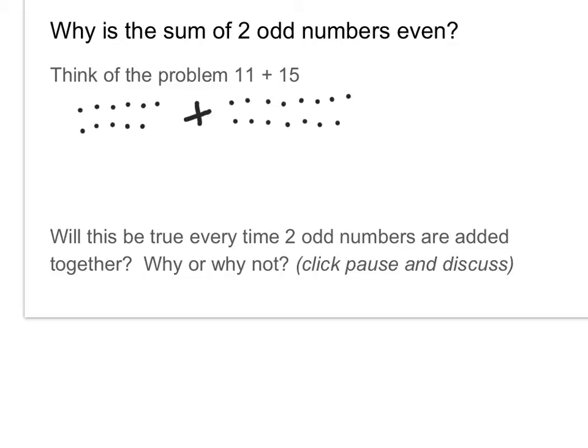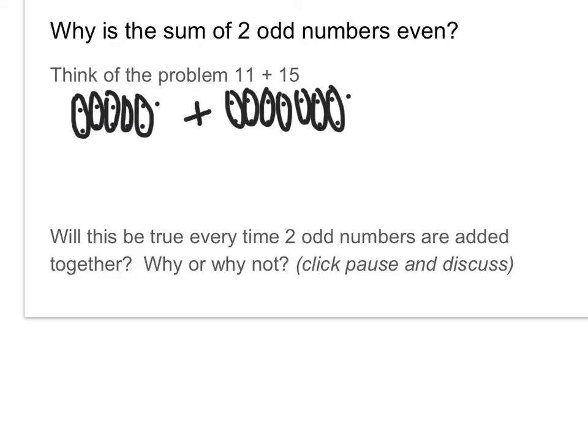So once again, we're going to circle groups of 2. Now we have 1 dot left over from 11, and we'll circle even numbers in 15. We have 1 dot left over from 15. But if we circled these 2 dots and we put them together, do we have any dots left over that don't have partners?